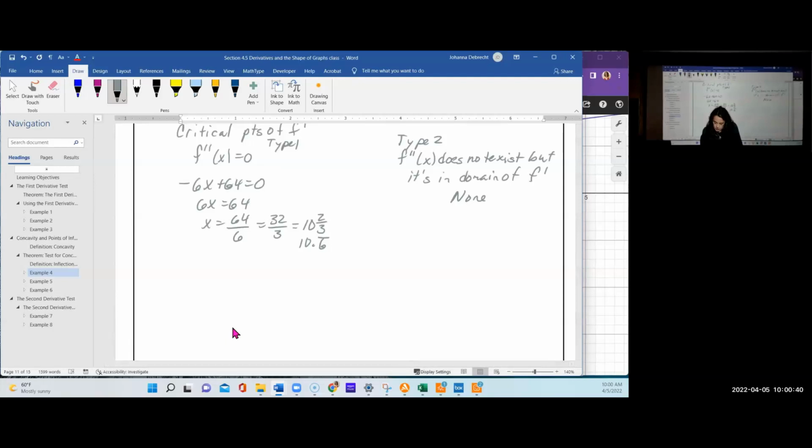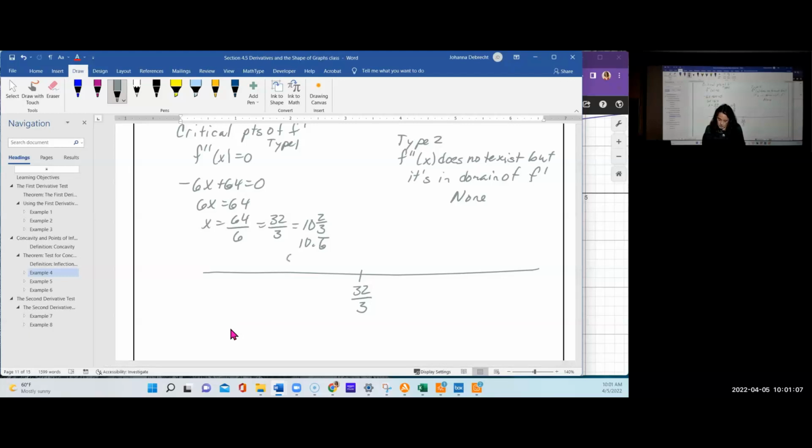Looking at this one, we create a number line and we have a point that divides it, which is 32/3. And I need to pick a number to its left and a number to its right. You don't have to pick the number right next to it. You can pick any number you want as long as it's in the domain of the previous derivative, which in this case would be the first derivative.